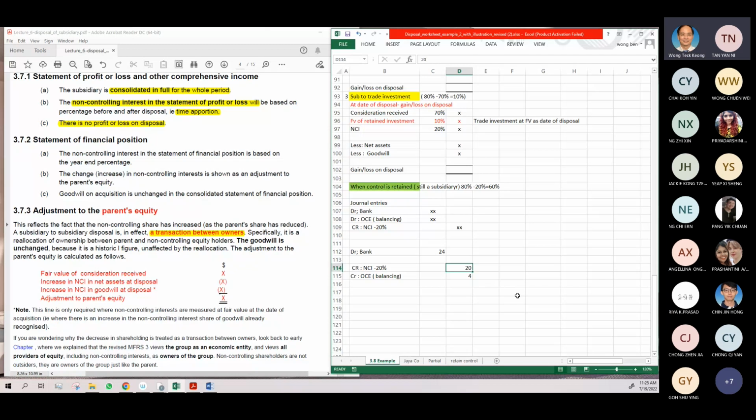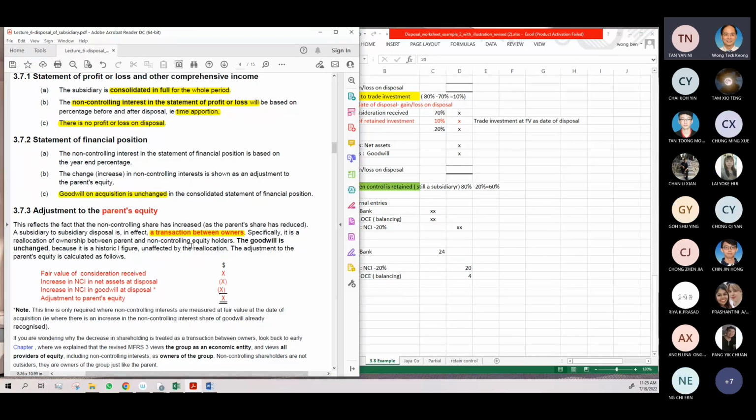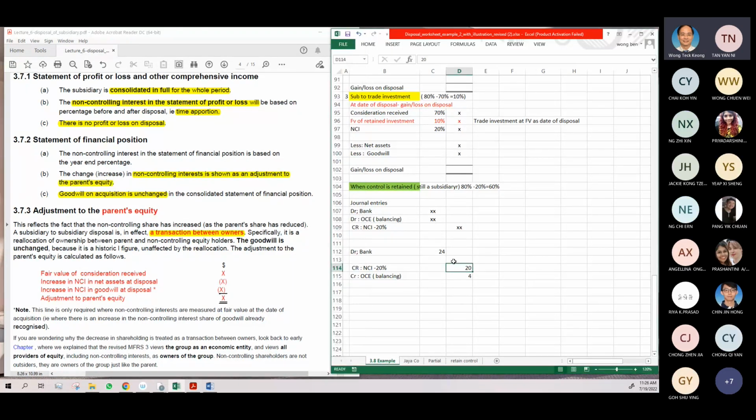So in this case, no change in your goodwill computation. Unchanged goodwill. Then NCI is treated as an adjustment to parent equity. So the 4 million here is an adjustment to equity.